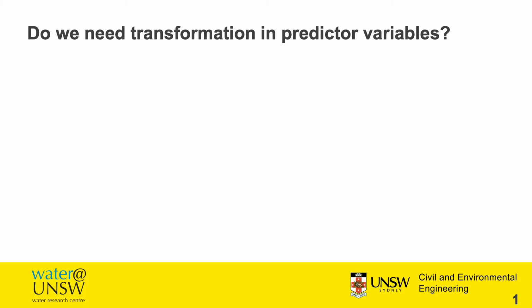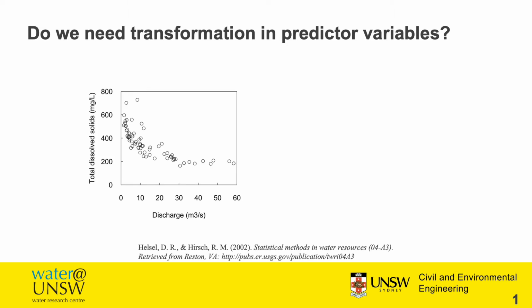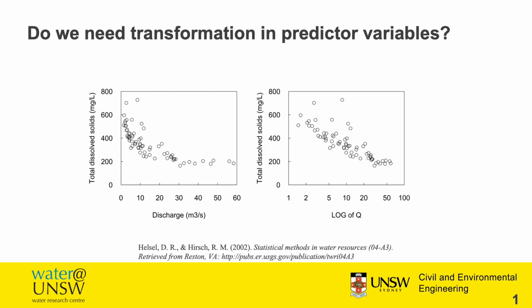Well, first, let's look at the question: do we need transformation in predictor variables? Here is an example of a scatter plot between discharge and total dissolved solids concentrations. There is no clear linear relationship between them. How about now? After the transformation of discharge using the natural log, we observe that approximate linearity is more or less achieved.